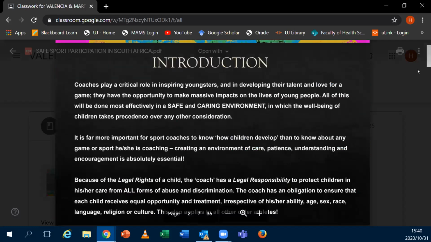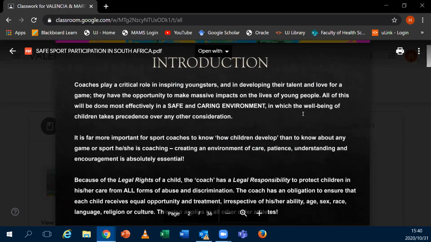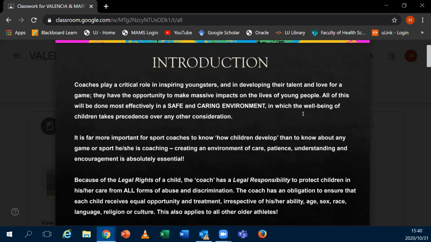Okay, so the first thing about safe sport is the role that you as a coach play in determining a safe and a caring environment for every single one of your athletes. You need to know how your athletes develop.